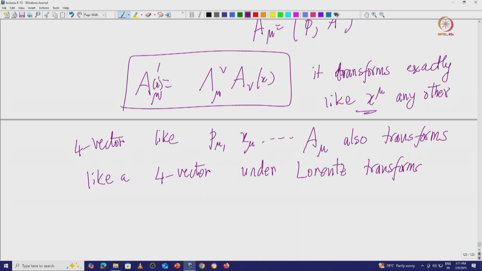So it is a vector under a Lorentz transformation.